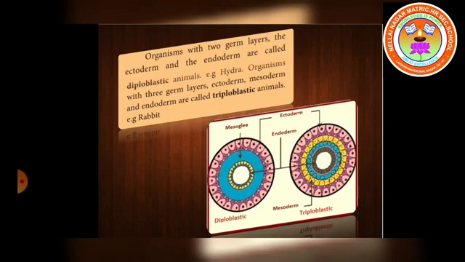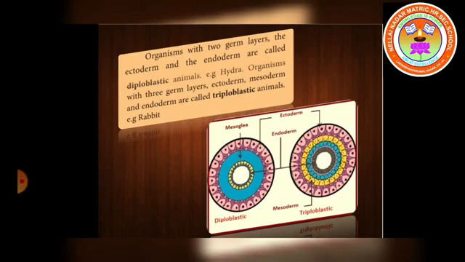As I said in my previous slide, germ layers are of three types: ectoderm, endoderm, and mesoderm. Out of these three, if any two germ layers are present, that is, if ectoderm and endoderm are present, they are called diploblastic organisms. Example, hydra.